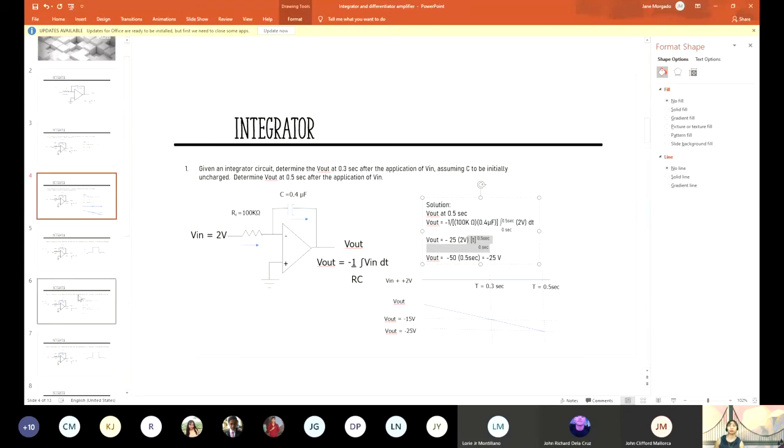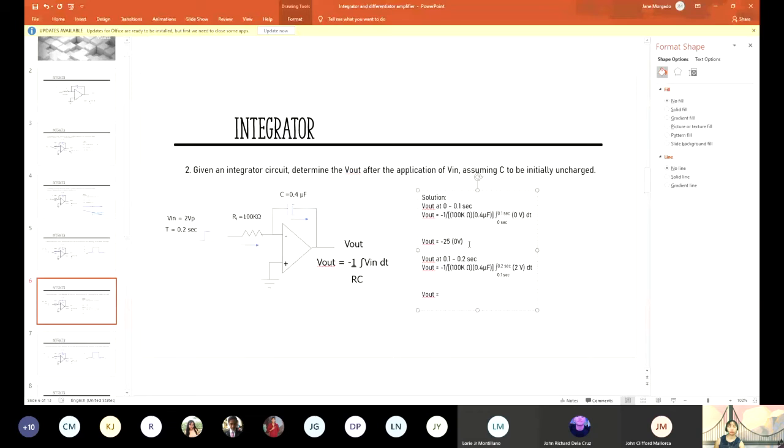Times T from 0 to 0.1. What would be the answer for this one, class? What do you think would be the answer?